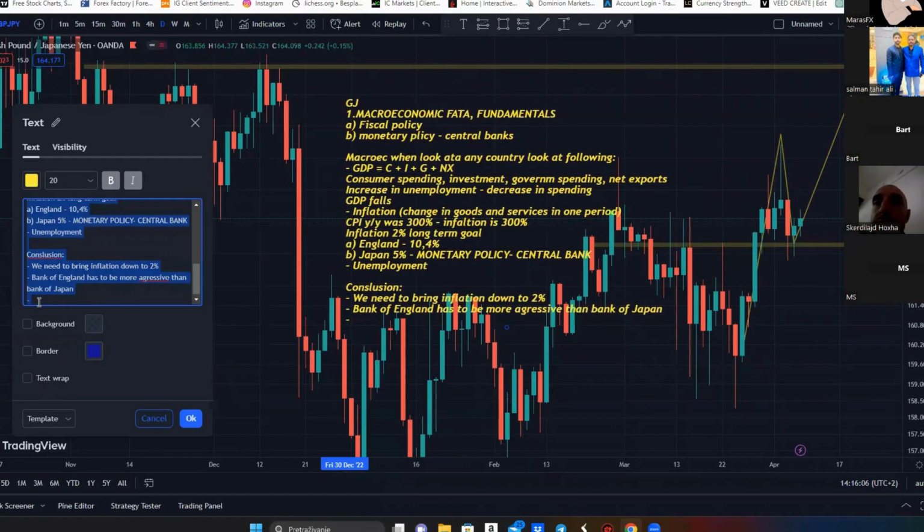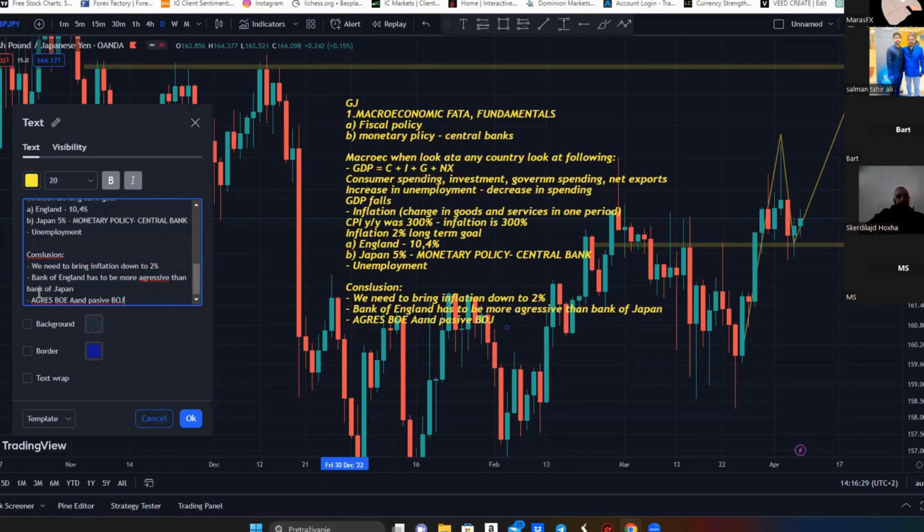If we have an aggressive Bank of England and a passive Bank of Japan, that's what I was talking about last time, hawkish and dovish. Bank of England is hawkish, Bank of Japan is dovish.